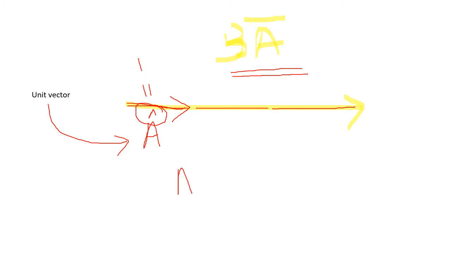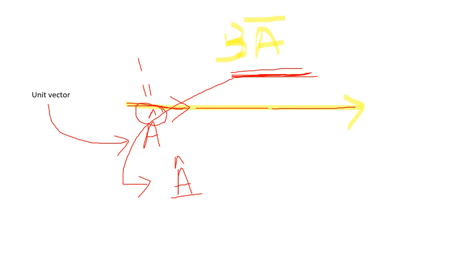So to write a unit vector, you write vector a and you denote a cap. Fine. So this is also like your unitary method. Earlier you had 3 units of a vector, and you found out the value of 1 unit of a vector, which is your unit vector. Fine.